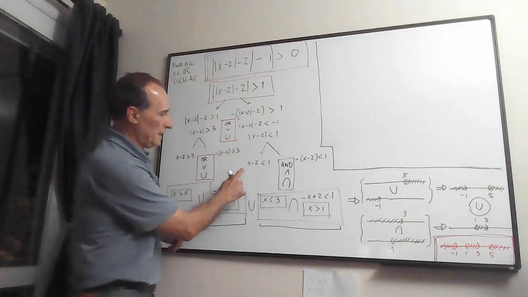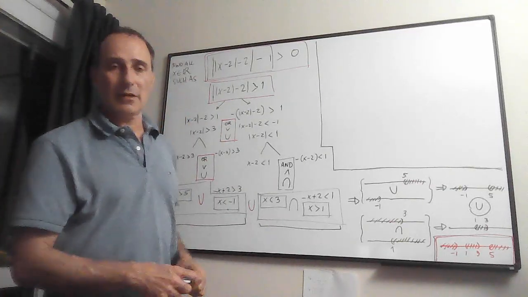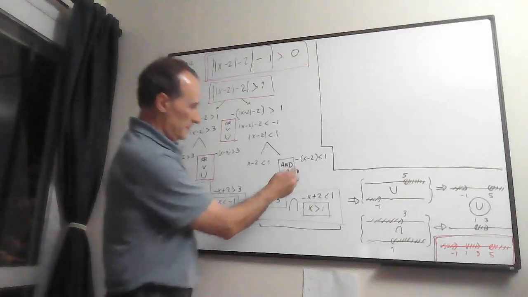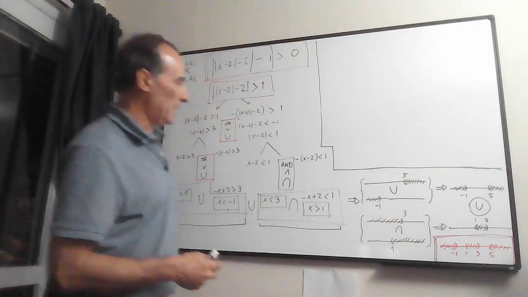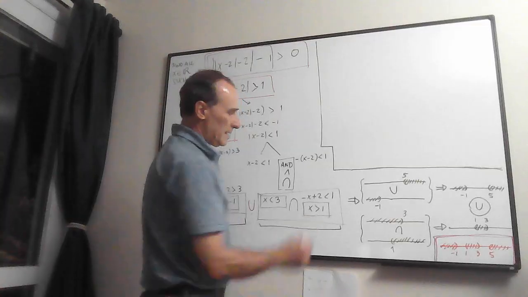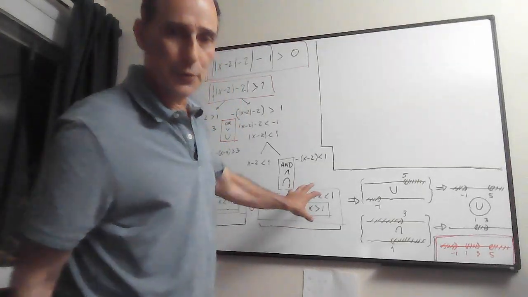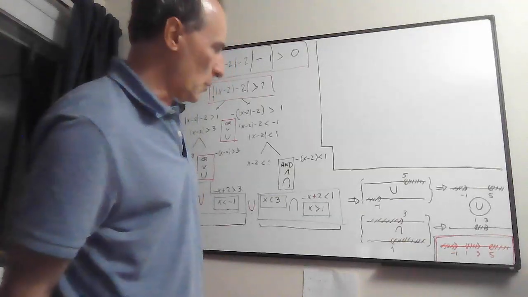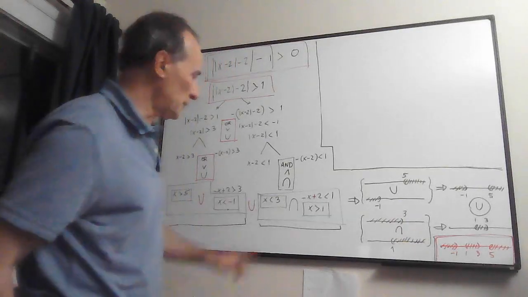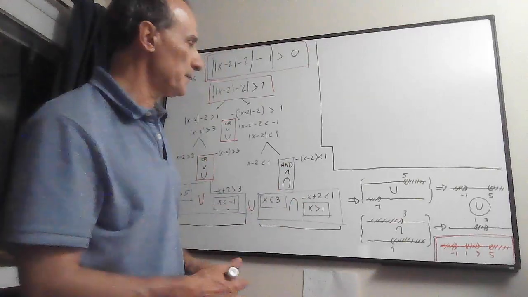The first one is x minus 2 less than 1, which means x less than 3. The second one is minus x minus 2 less than 1, that is x greater than 1. And this is the intersection of two inequalities. So the solution is the intersection of the solutions of these two inequalities.